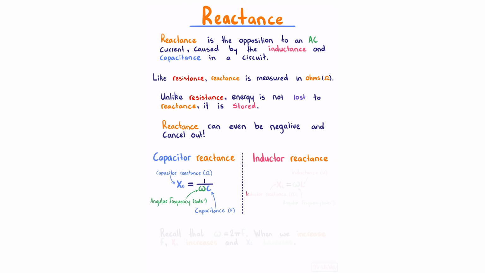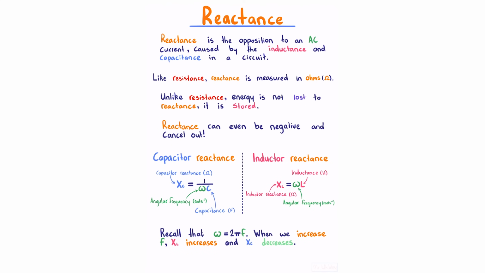Our inductor reactance is given the symbol XL and is equal to our angular frequency multiplied by our inductance. Recall that angular frequency is equal to 2 pi times our frequency, so that when we increase the frequency, as you can see from these two equations, our XL increases and our XC decreases.